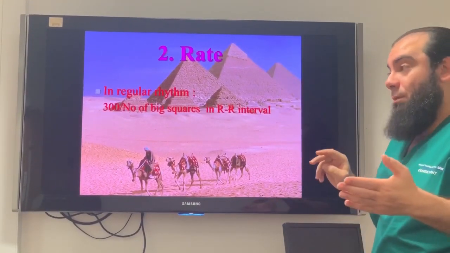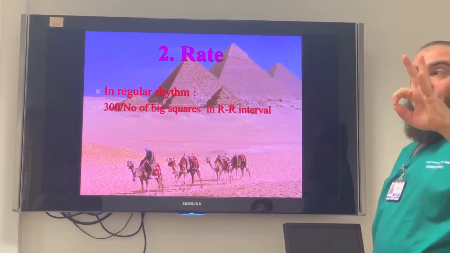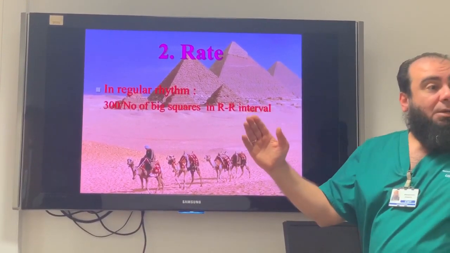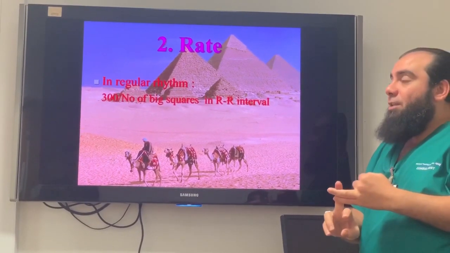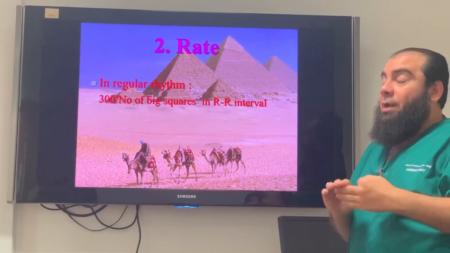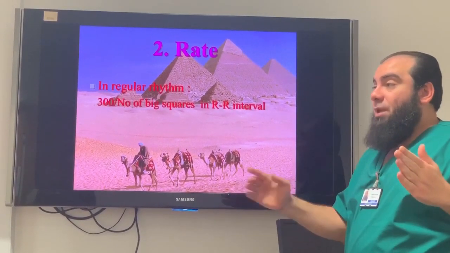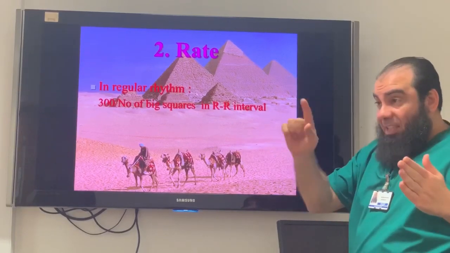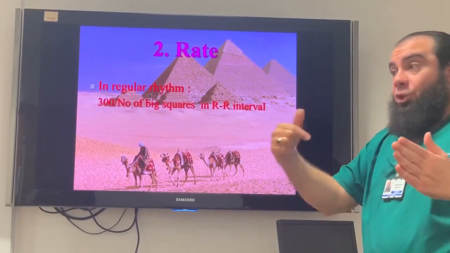But more accurate. So we have 3 ways to calculate the rate. 300 over the big squares between R and R. 1500 divided by the small squares between R and R. And if it is irregular, we can count 30 big squares and multiply by 10. Can we use that method in the regular one?